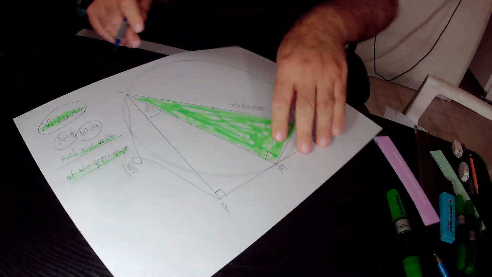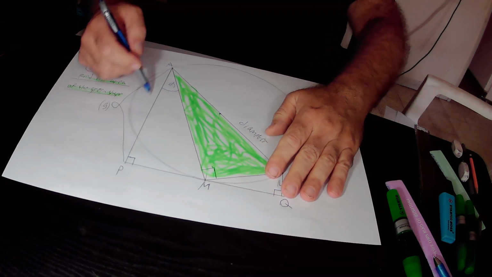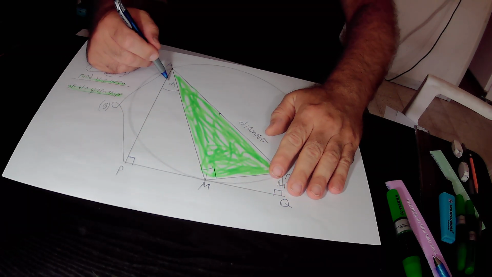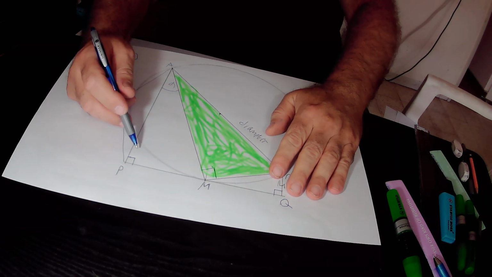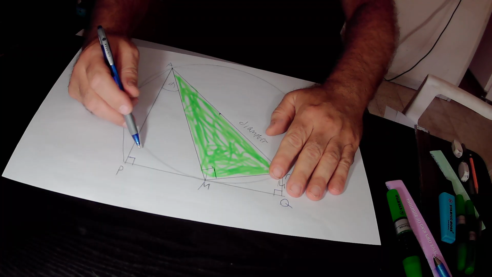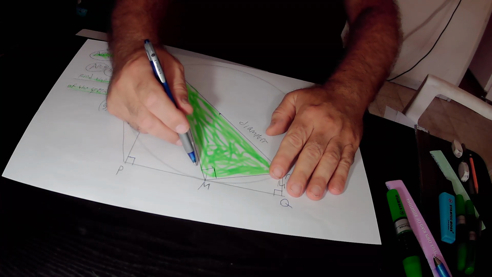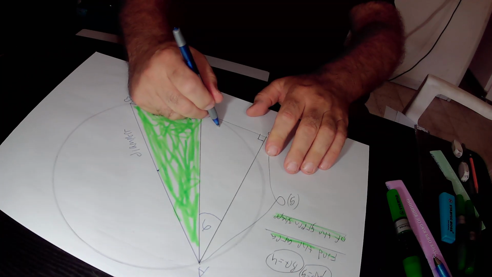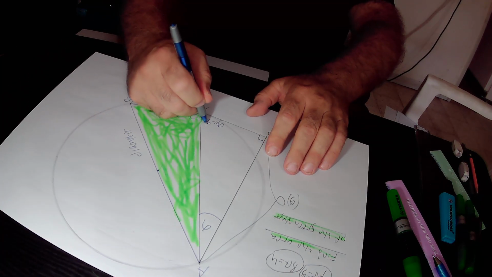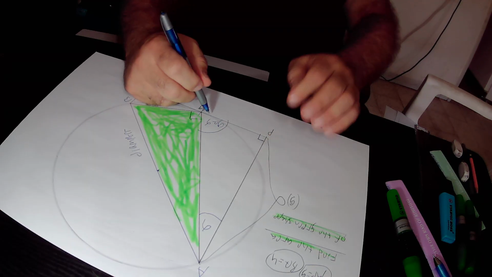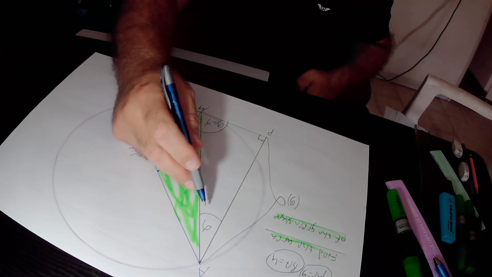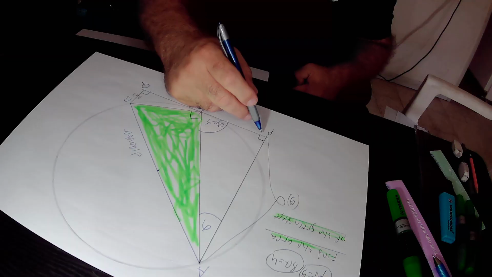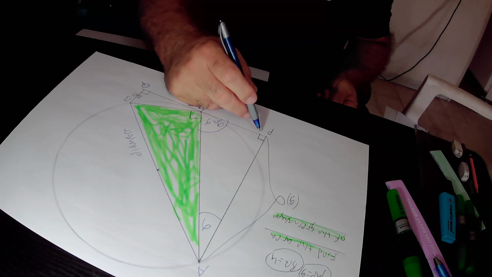So in the right triangle APM, this angle equals alpha, this angle equals 90 degrees, and therefore this third angle must be equal to 90 degrees minus alpha. Why? Because 90 degrees minus alpha plus alpha is 90 degrees, and 90 degrees plus 90 degrees is equal to 180 degrees, the sum of the angles in a triangle.